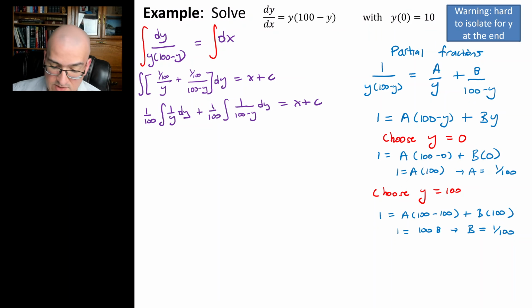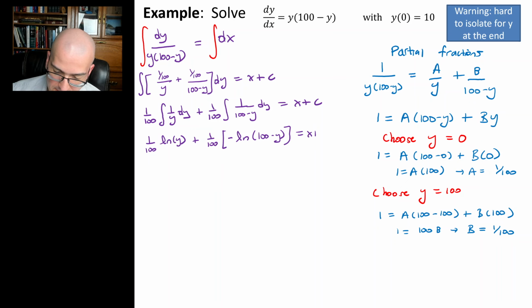Antiderivative of 1 over y is ln y, so 1 over 100 ln y plus 1 over 100, and the antiderivative of the next one is negative ln of 100 minus y. And you'd get that by doing substitution, let w equal 100 minus y. We'll go through the steps, you'll get this.